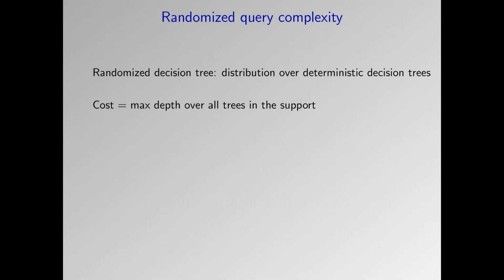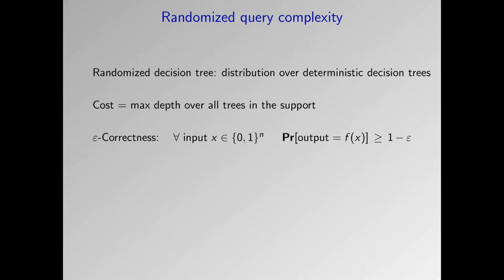So what is randomized query complexity? A randomized decision tree is just a probability distribution over deterministic decision trees. The cost measure is the maximum depth over all the trees in the support of the distribution. So if the cost is low, that guarantees that for every input and for every outcome of the randomness, only few queries will be made.